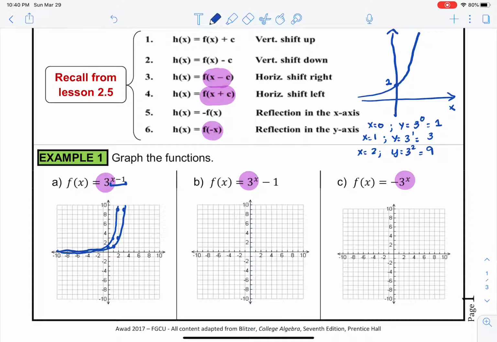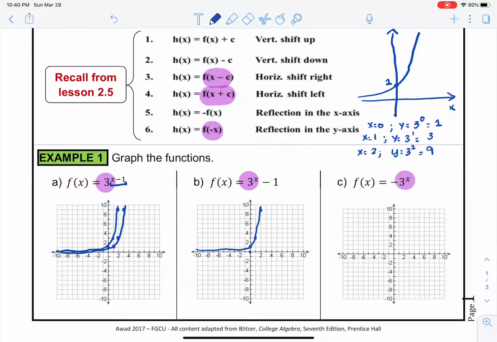So in the second case, we have the base function and we're subtracting 1. The base function is going to go through 1, 3, and 9. We're going to subtract in the sense that the y value is going to reduce by 1.